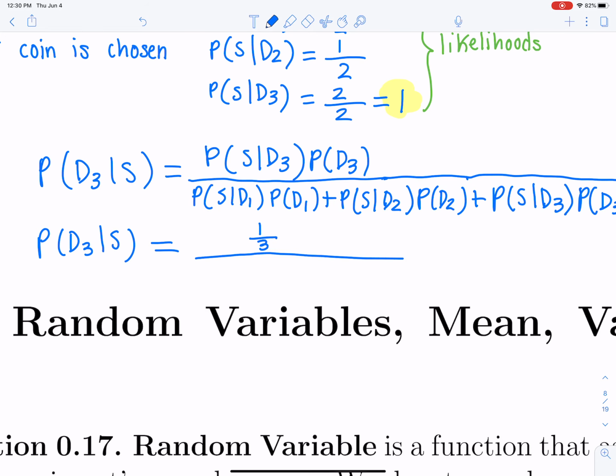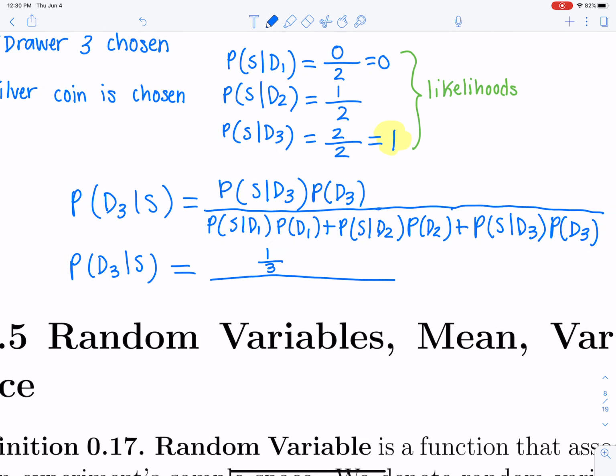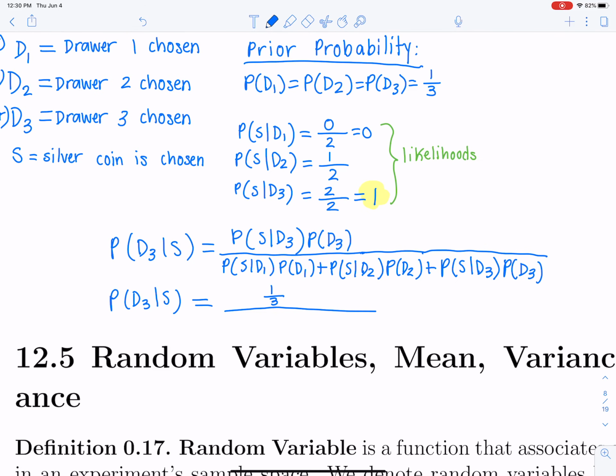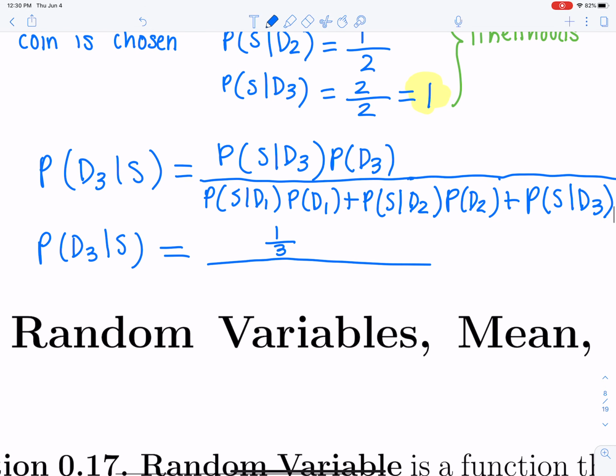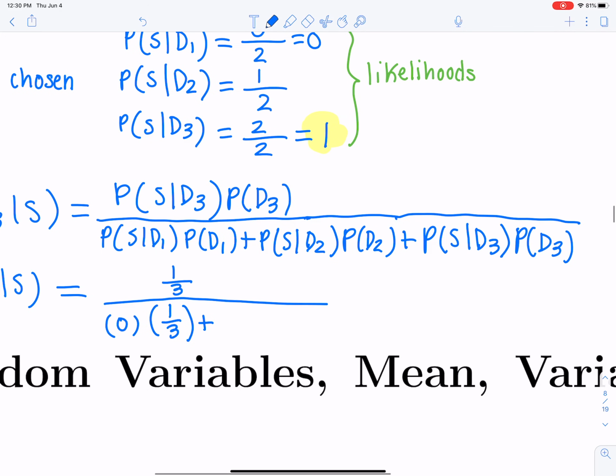All over P of S given D1 times P of D1, so 1/3 times 0 in the bottom, because there is a 0% chance of choosing drawer 1. Plus, we had a 1/2 likelihood for drawer 2, and then times 1/3 like we had above.